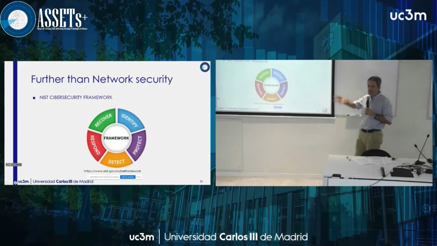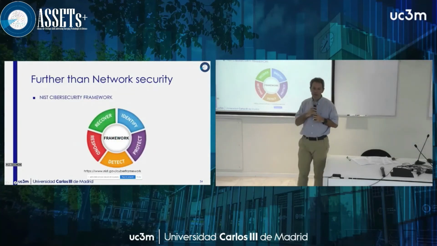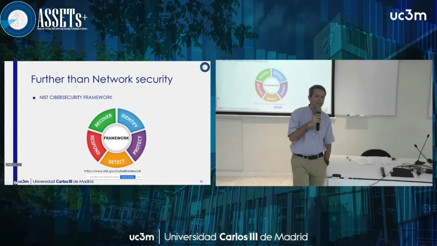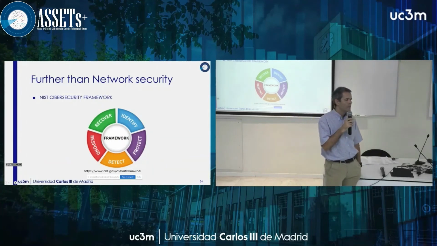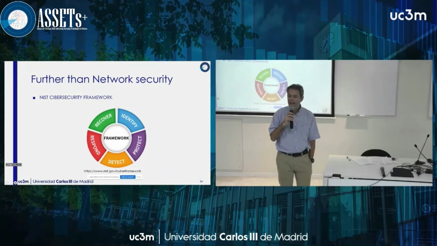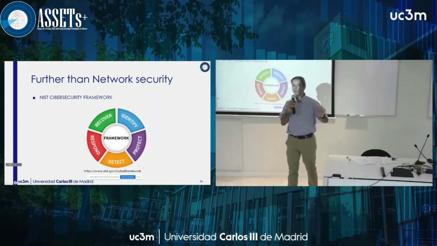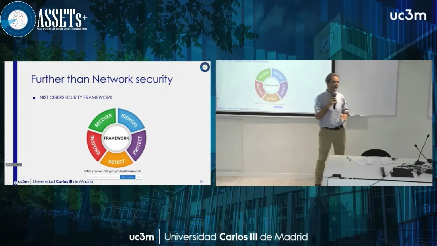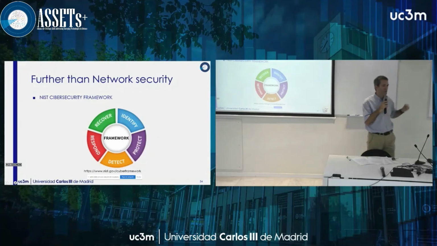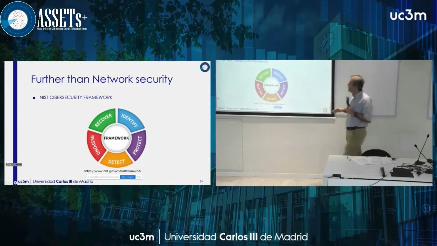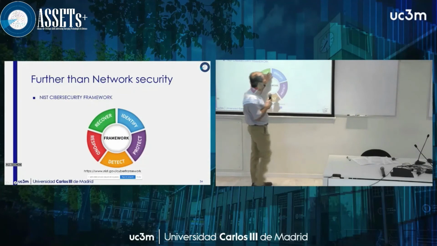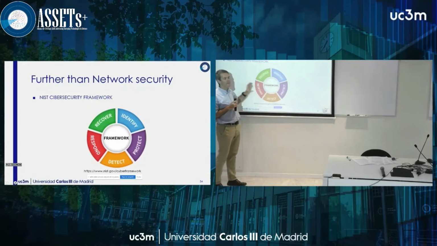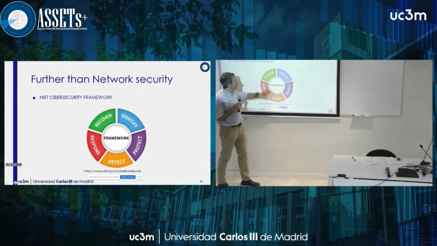To organize all those actions, we can use the NIST cybersecurity framework. The NIST cybersecurity framework has approximately 200 cybersecurity actions that have to be done in order to protect your company. All those actions can be grouped in 5 functional areas.